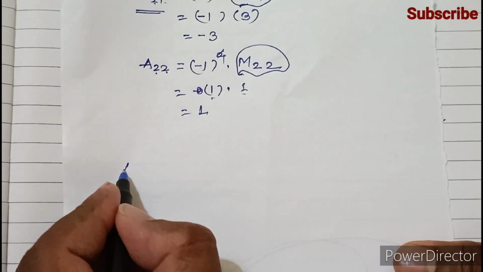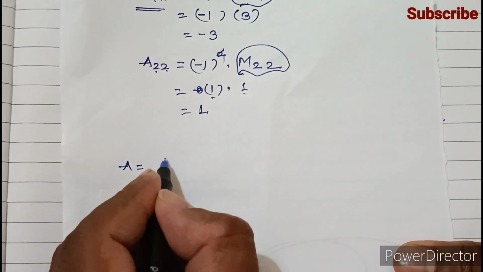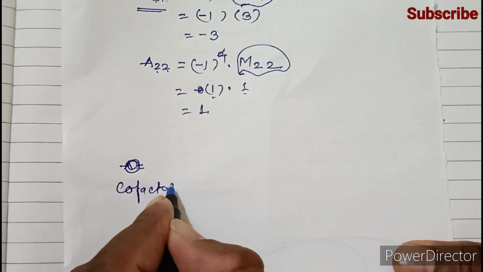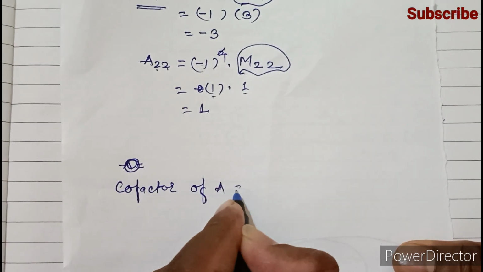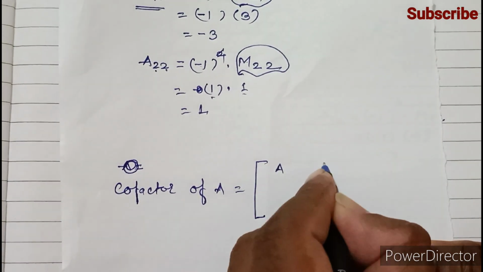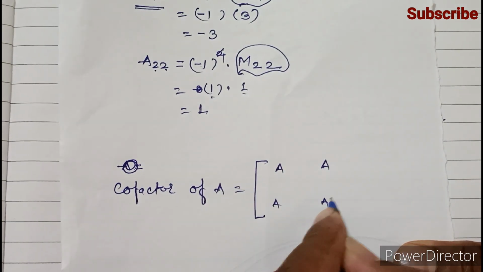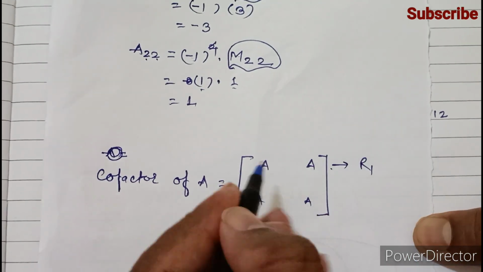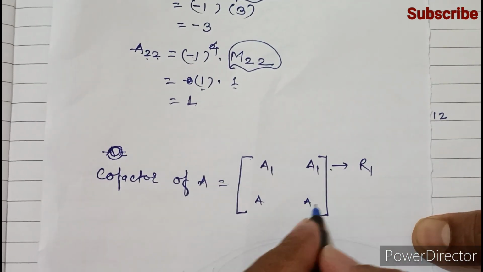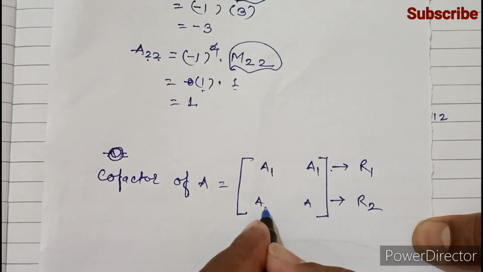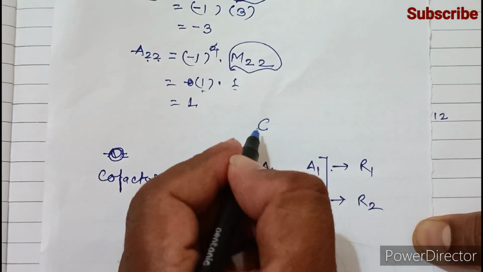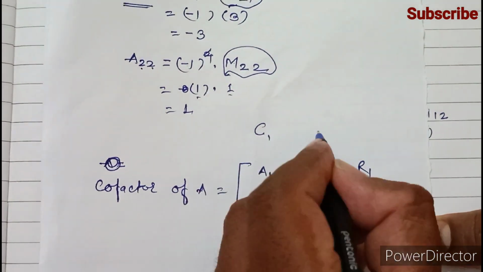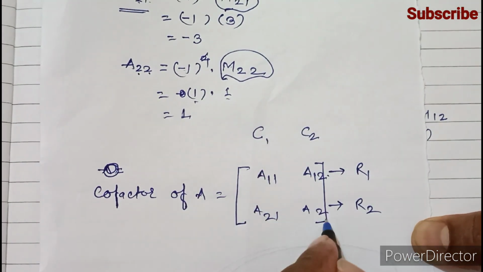We can write the cofactor of the matrix, that is, cofactor of A will be equals to, that is A, here r1 row 1, therefore first element, r2 2, c1 first column, c2 second column, therefore the elements will be a11.